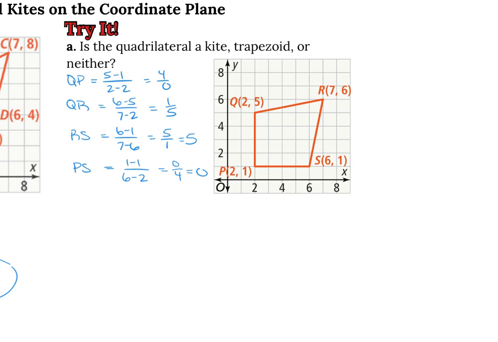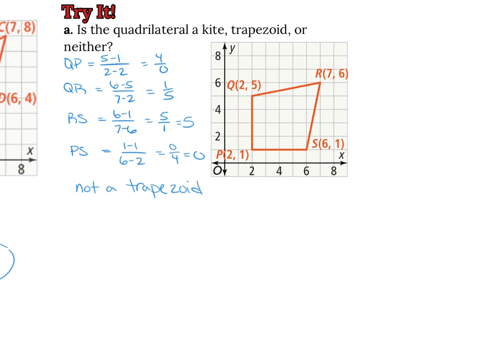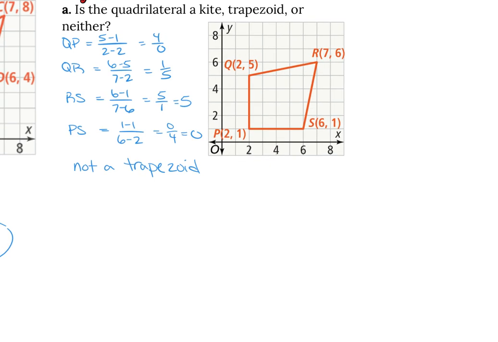That means that it cannot be a trapezoid because I would have to have one set of parallel sides. All right, next we're going to check to see if it is a kite and if it has congruent consecutive pairs. So we have sides that are congruent and equal to each other. So we're going to check our side lengths by finding our distance.